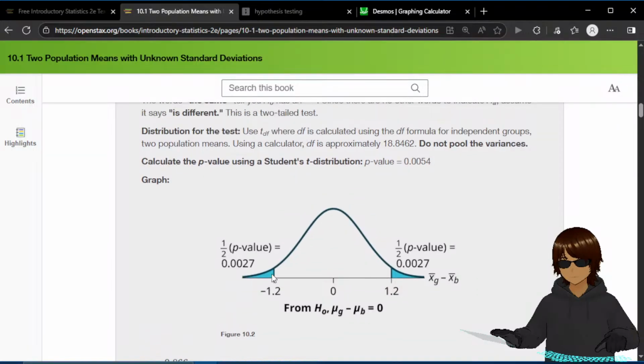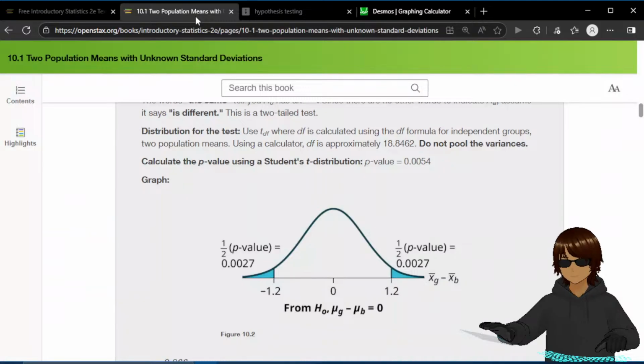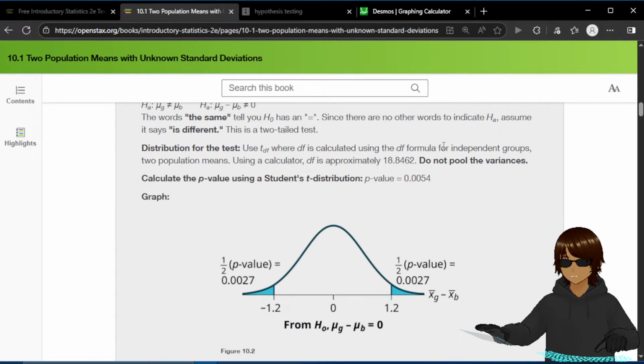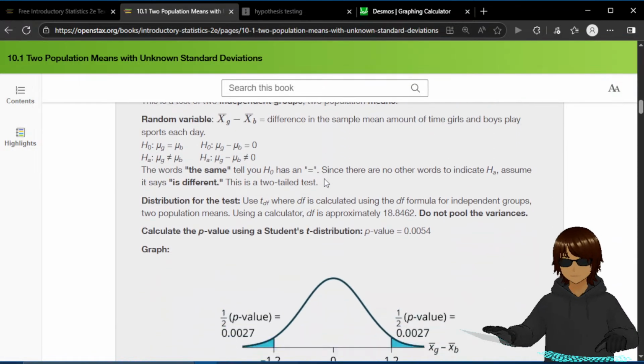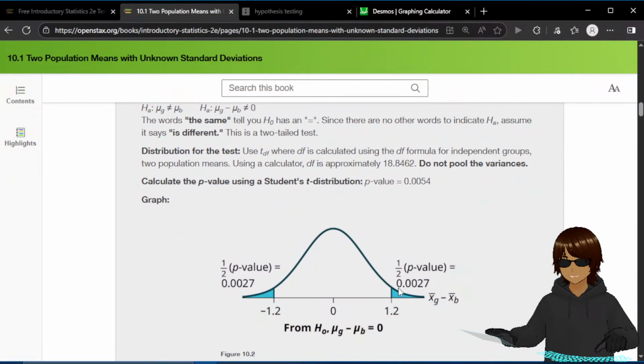I do not understand how they got the p-value. Use TDF, where DF is calculated using the DF formula. Calculate p-values using the student's t distribution. They put 1.2 over here.